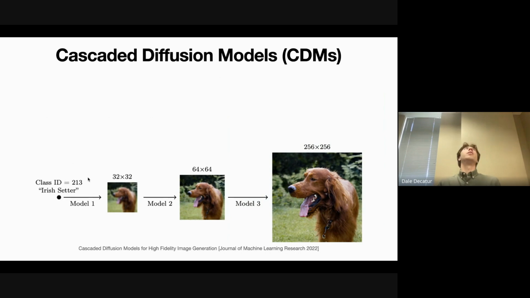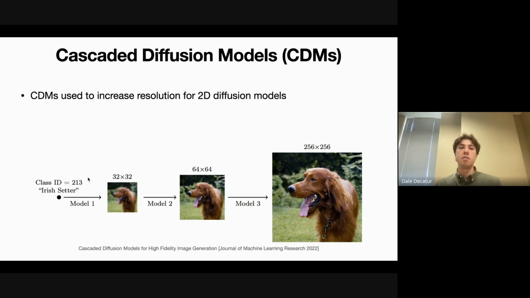Because score distillation sampling, or SDS, is so closely related to diffusion model training, you might think, okay, at least in the 2D case, in these text to image situations, how do people get higher resolution? One such technique is to use cascaded diffusion models, or CDMs.